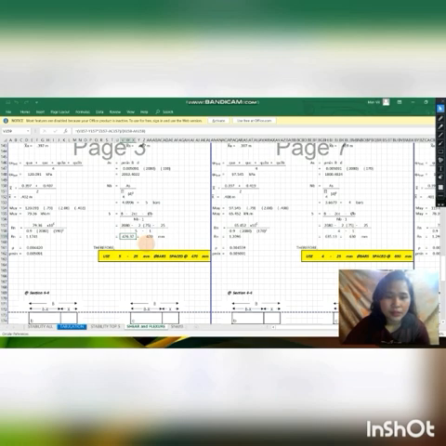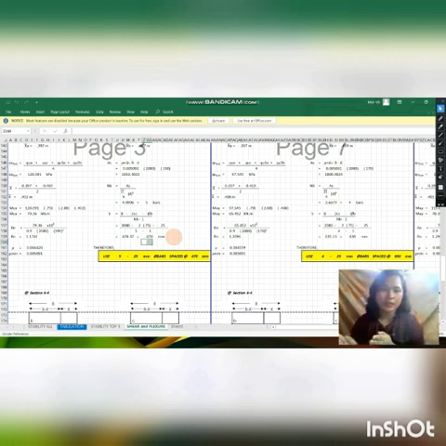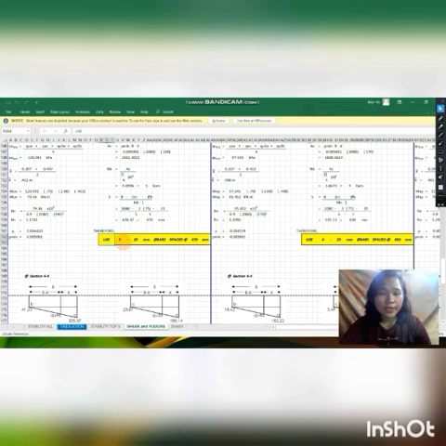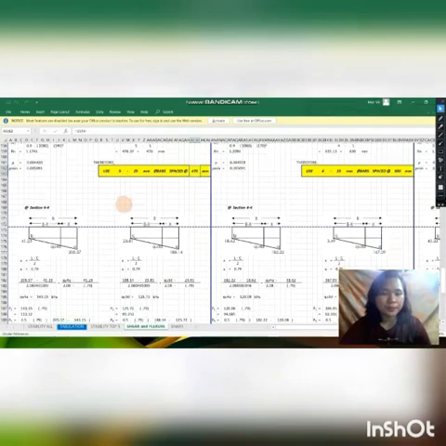Rounding it down is safer because it will give our bars the right distance to carry the loadings. So therefore, we will use 5 bars of 25 millimeter diameter bars spaced at 470 millimeters.